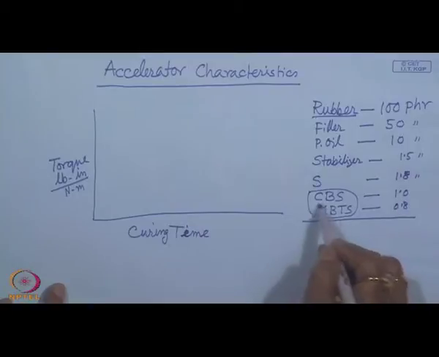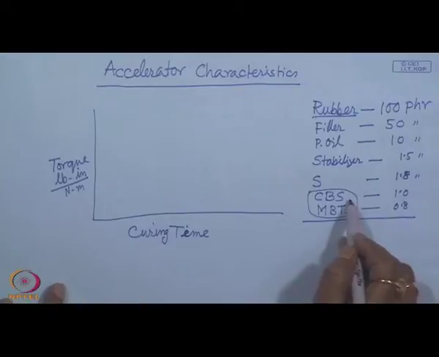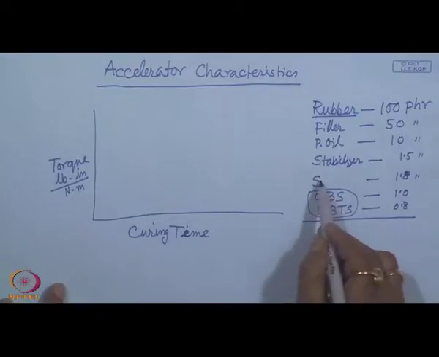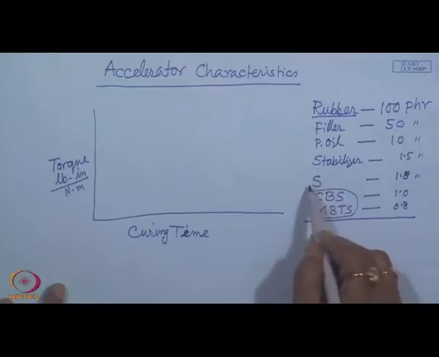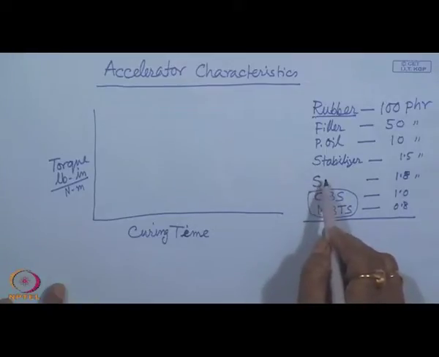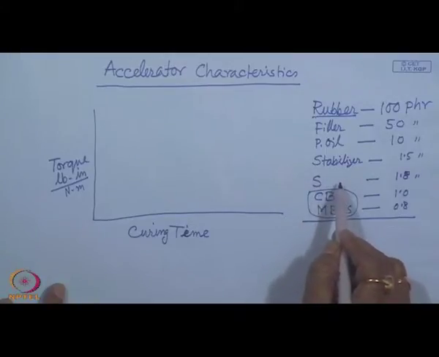If this accelerator is present, it decomposes to form some intermediate chemical compounds which form a complex with sulfur, that is known as sulfurating complex. That sulfurating complex produces some sulfur atoms from the S8 ring of sulfur. That sulfur atom reacts with the diene rubber to form a cross-link bond.